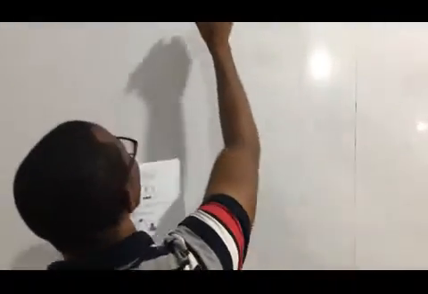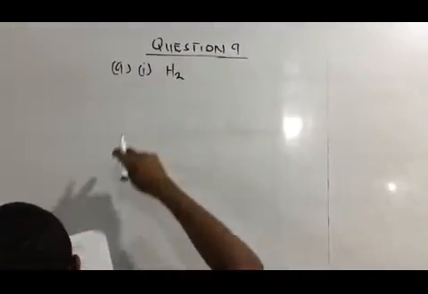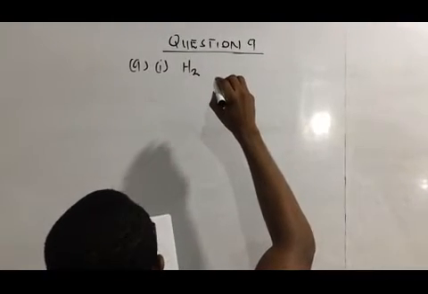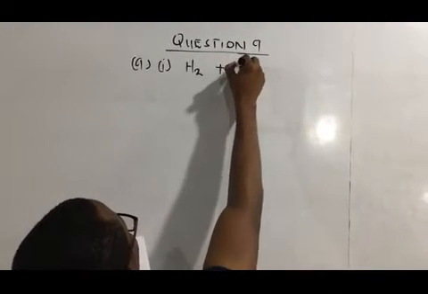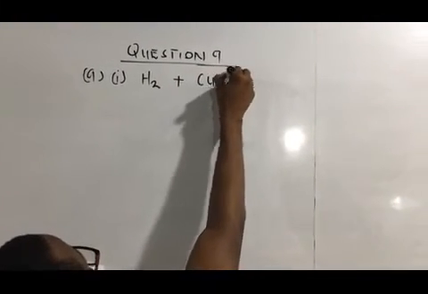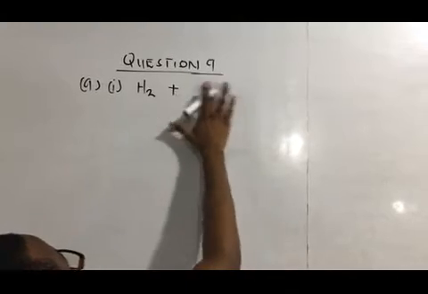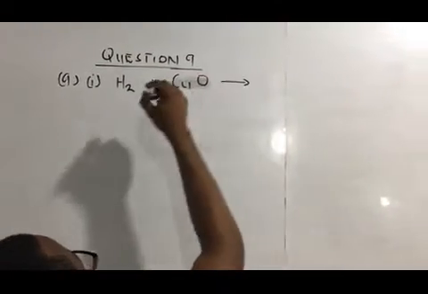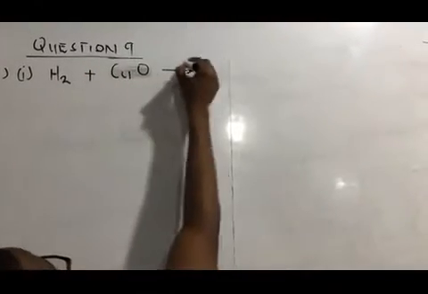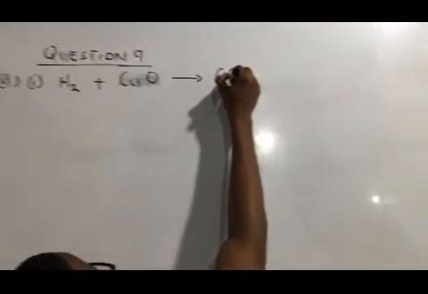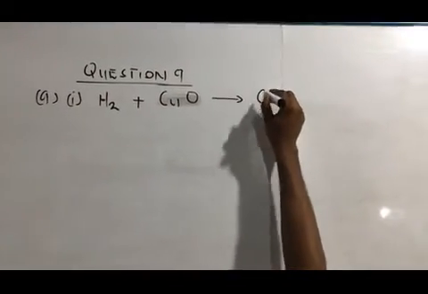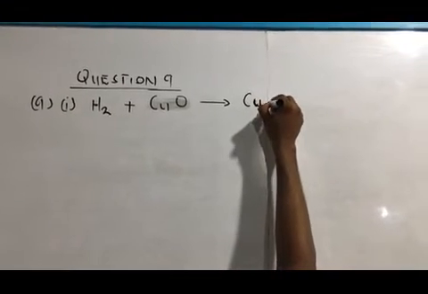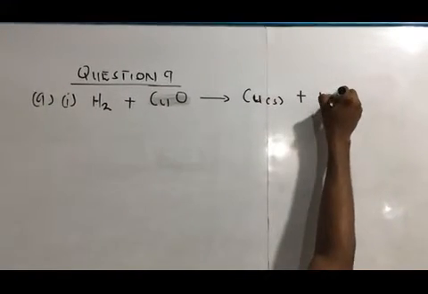If the question says when hydrogen gas is passed over heated copper 2 oxide, if you react hydrogen gas with copper 2 oxide, which is CuO, you're going to form copper and then water.